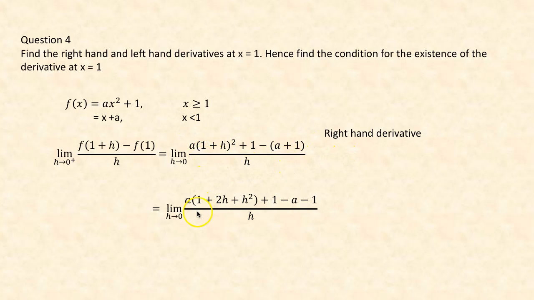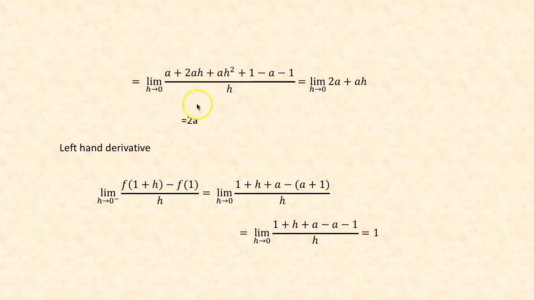So this is limit as h tending to 0, a into (1 plus 2h plus h squared) plus 1, opening the bracket, minus a minus 1, by h. That is limit as h tending to 0, a plus 2ah plus ah squared plus 1 minus a minus 1 by h. The a and 1 get cancelled. The h cancels, so you get limit as h tending to 0, 2a plus ah, which is 2a.